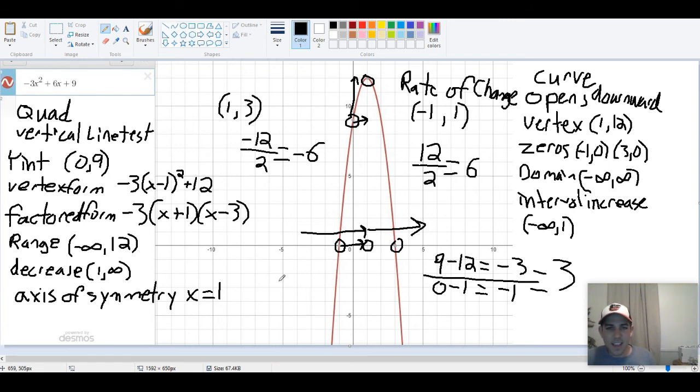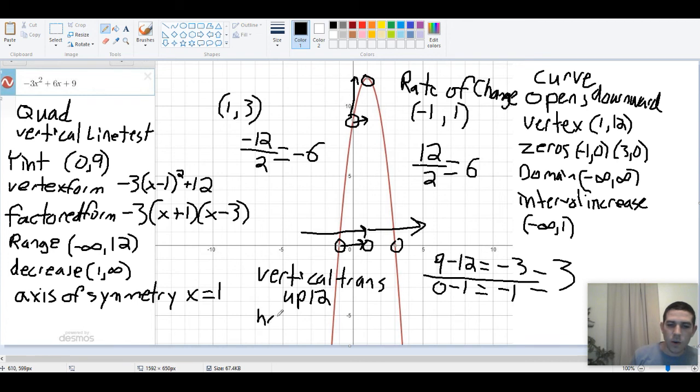This has a vertical translation. Vertical translation of, let's go look at my vertex form. The outside tells me that it's gone up 12. Vertical translation of up 12. Okay, well, it's had a horizontal translation.